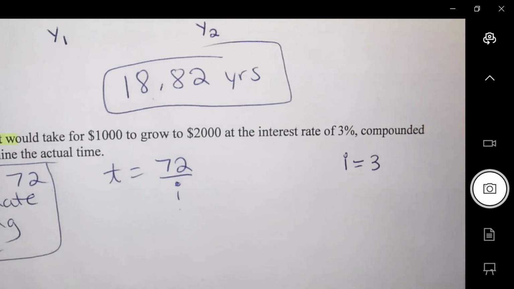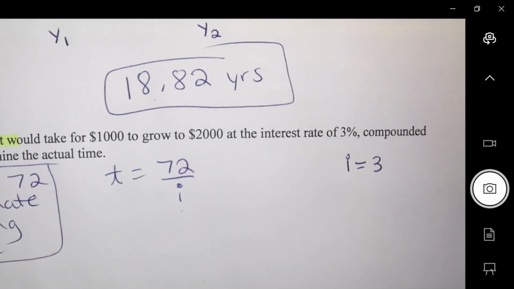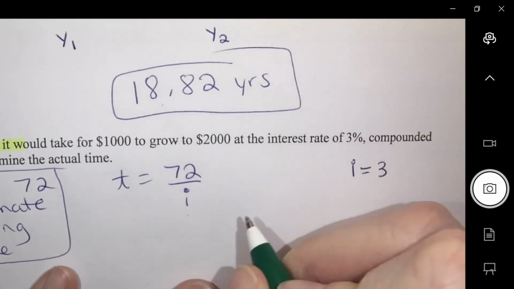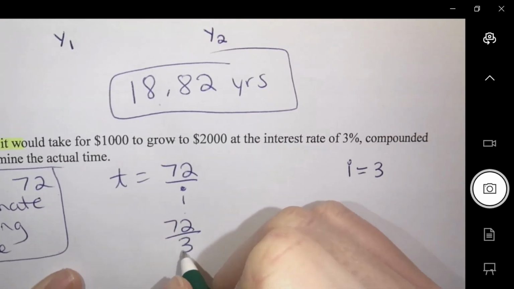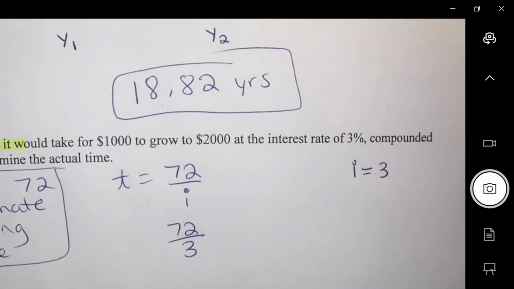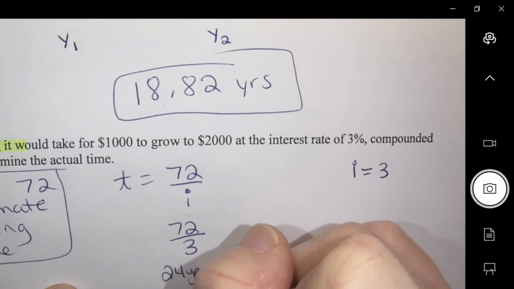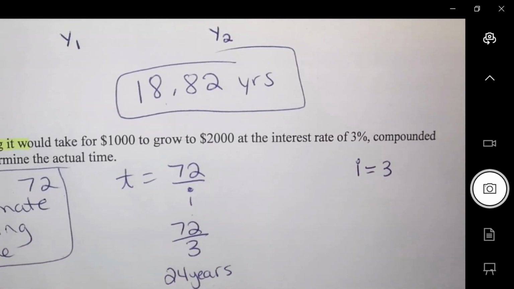If you ever were to use R, that would be 0.03. So interest is just 3. Okay, the I, it's just like in your app, right? So 72 divided by 3, not 0.03. So don't be confused with that. So 24 years it's going to take you to double your money.